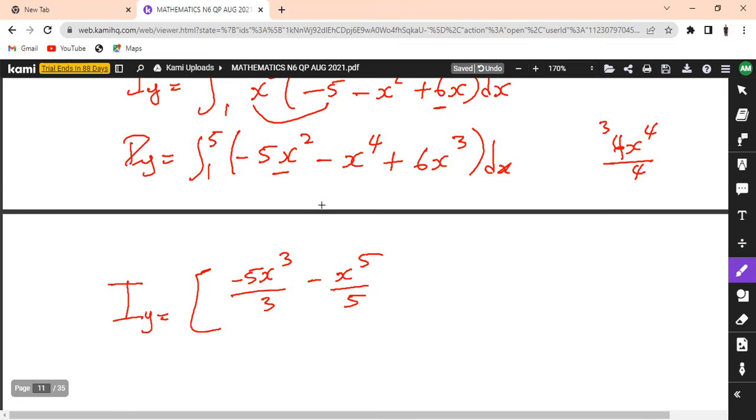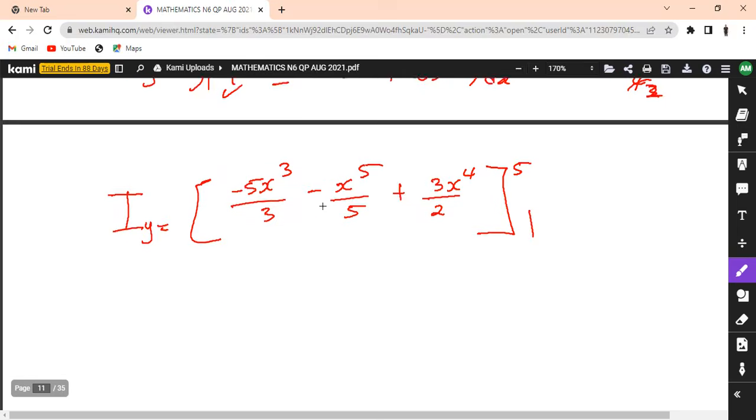If you reduce this by 2, it's going to be 3 over 2, so plus 3 over 2 x to the exponent of 4. And your limits, guys, 5 and 1. So take note of your limits. Or you can even write it as 6 over 4, there's no problem. Guys, it's just one and the same thing. Do not worry about that one.